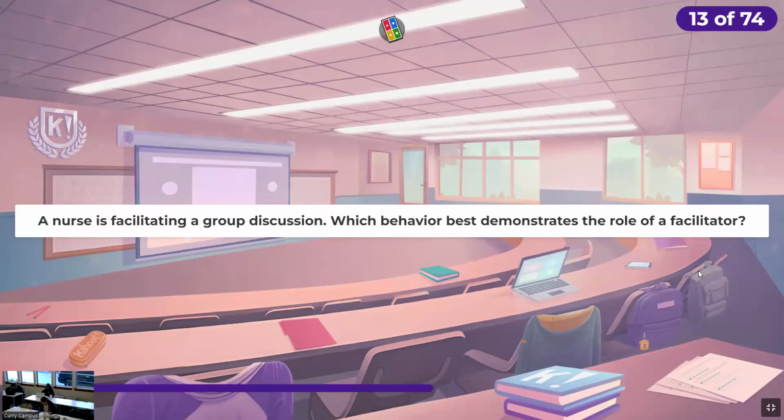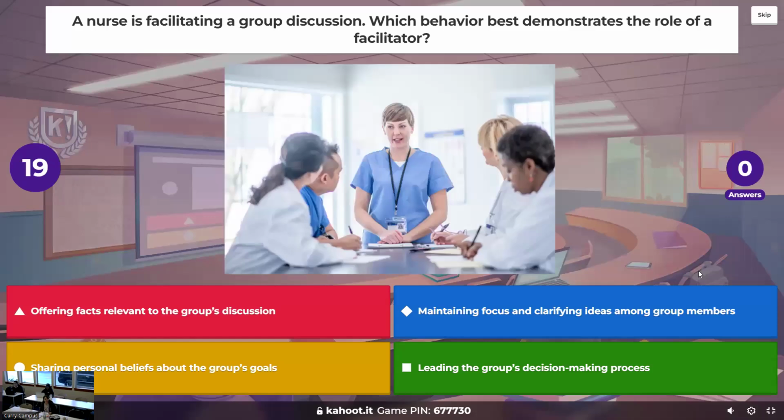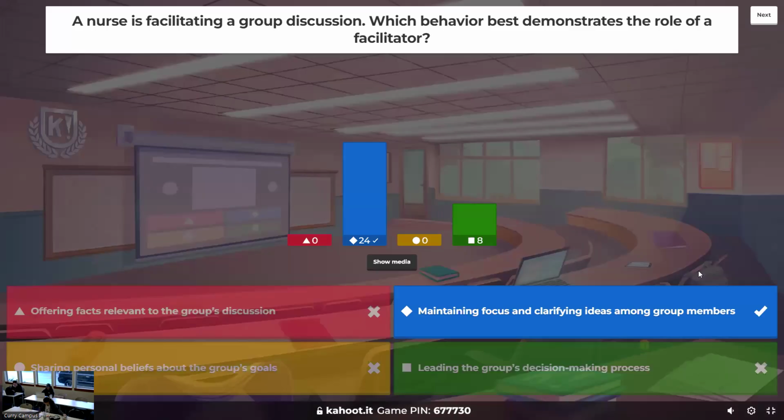A nurse is facilitating a group discussion. Which behavior best demonstrates the role of the facilitator? All right, almost everybody got that one right.